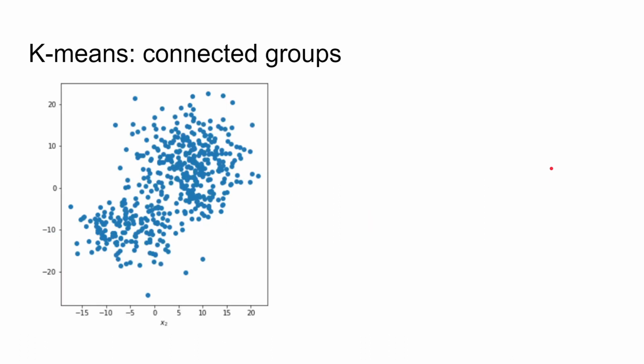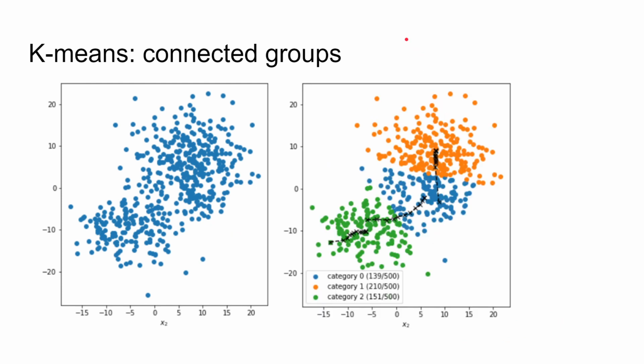We should look at what happens to this algorithm when there isn't any clear distinction between the groups. If I have data like this, it still does a pretty decent job. It gives me 3 categories: category 0, category 1, category 2. Just to be clear, this point here was the initial prototype, and then it moved to here, and then here, and here.